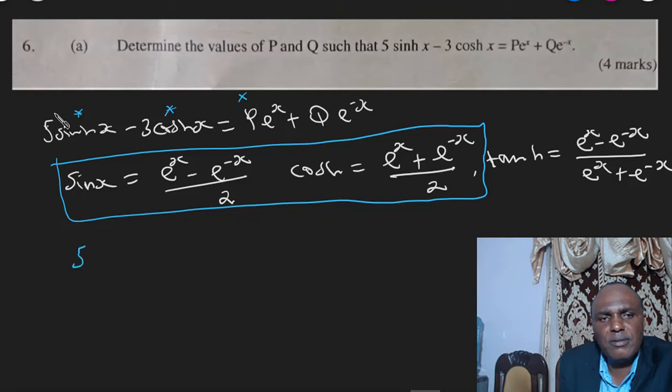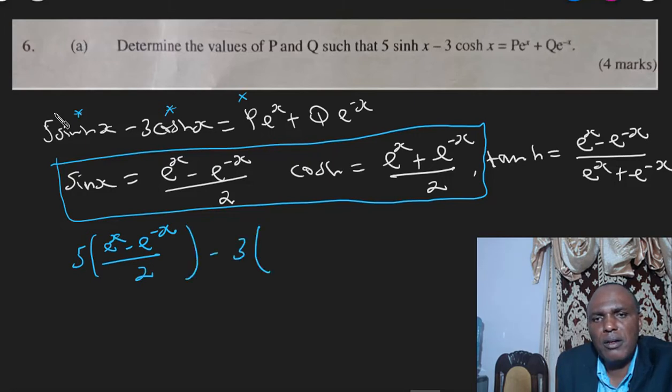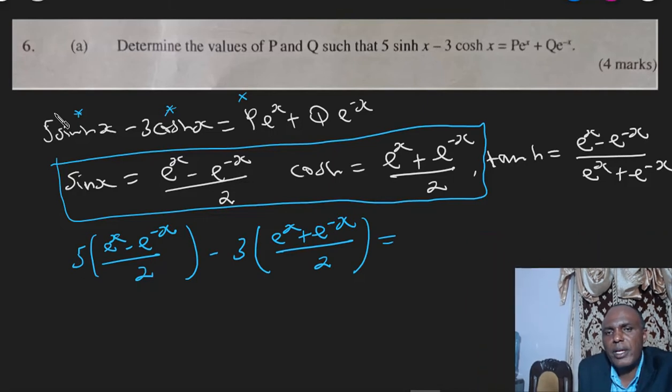So 5 instead of sinh x, we write e to power x minus e to power negative x divided by 2, minus 3 e to power x plus e to power negative x divided by 2. We have replaced cosh x there. We get now p e to power x plus q e to power negative x.